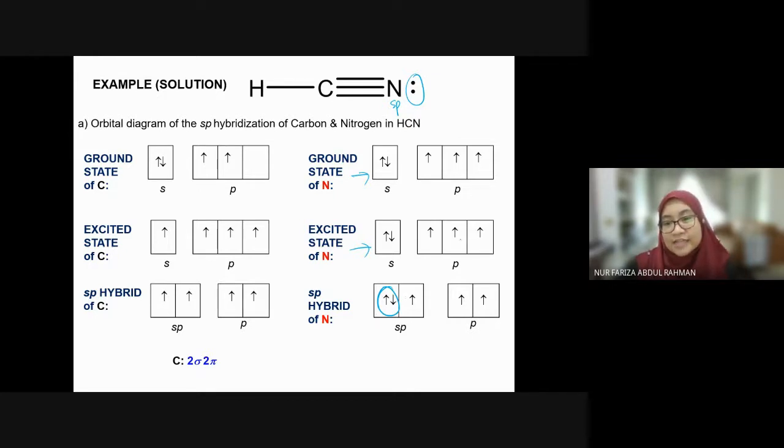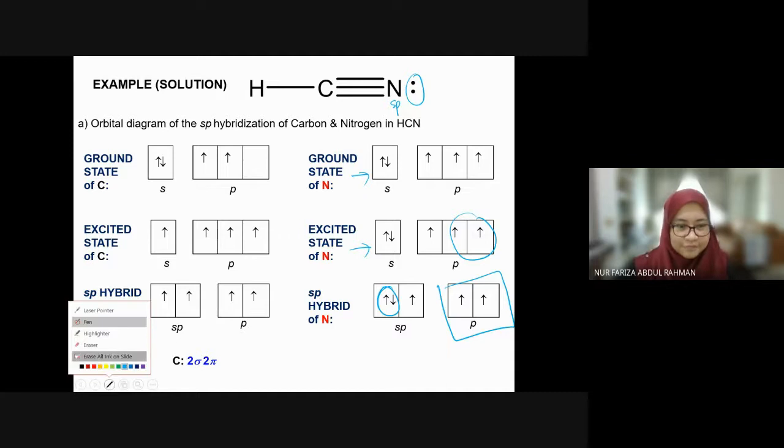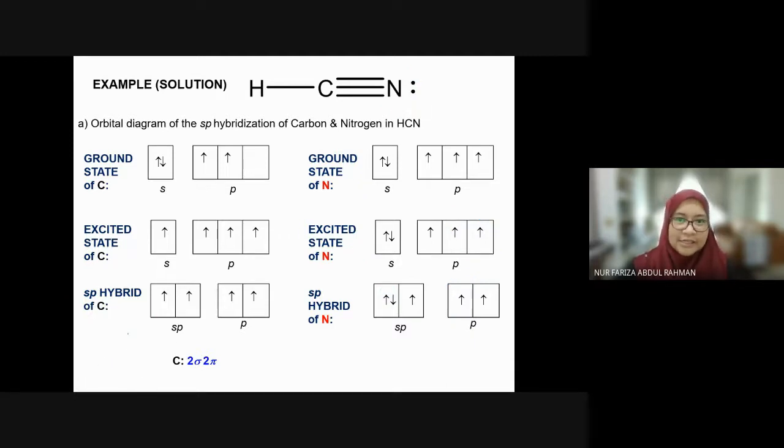And then the two orbitals yang tertinggal tadi will later form pi bonds. Okay, alright. So, kalau nak tunjuk dekat atas ni, jom kita tunjuk. Show the formation of the bond. Refer to your Lewis structure.